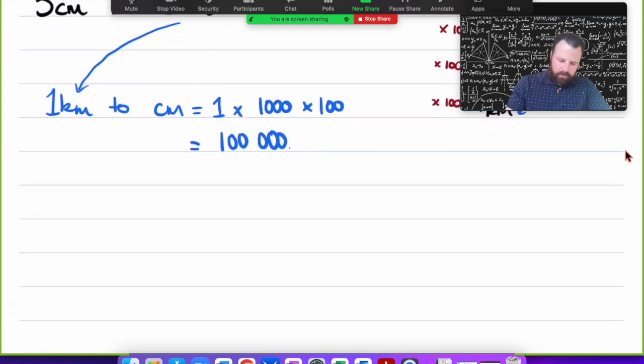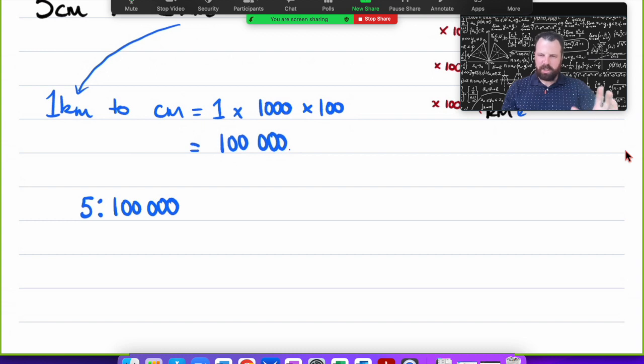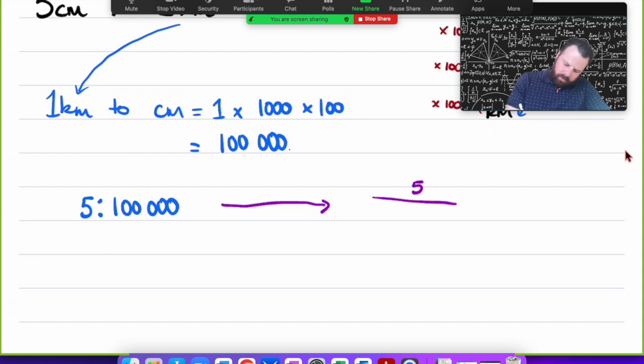So our scale becomes 5 to 100,000. The last thing I want you to do is double check that it can't be written in an easier format. On your calculators, write 5 over 100,000, and it needs to be the fraction button. Don't use the division symbol.